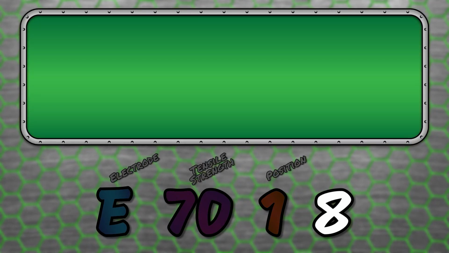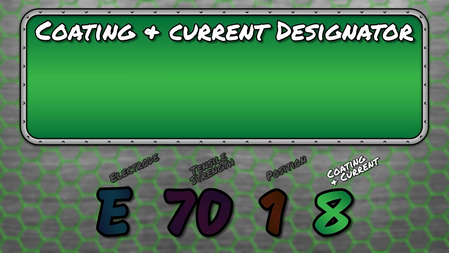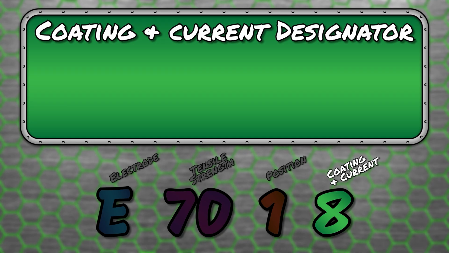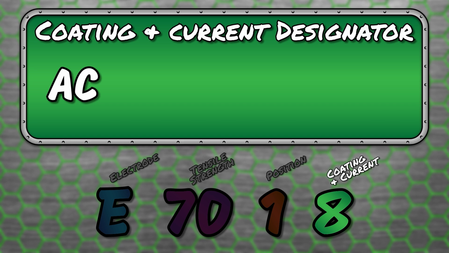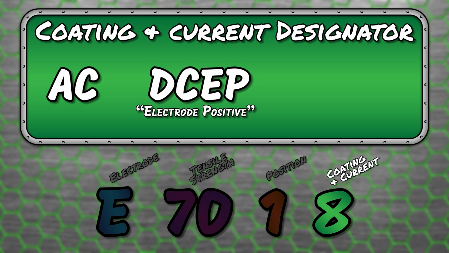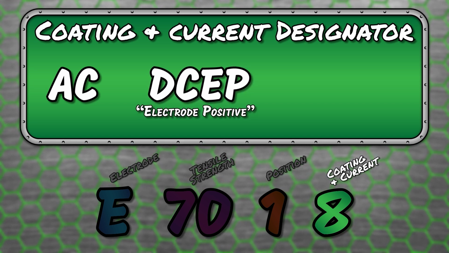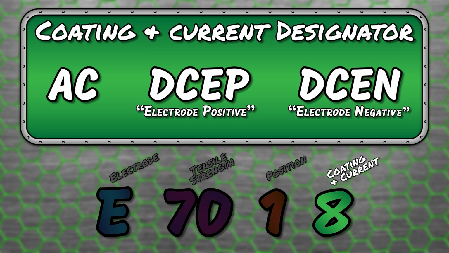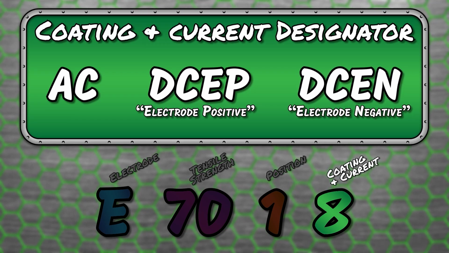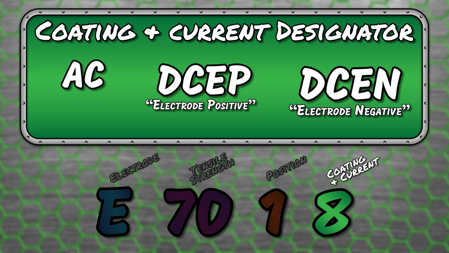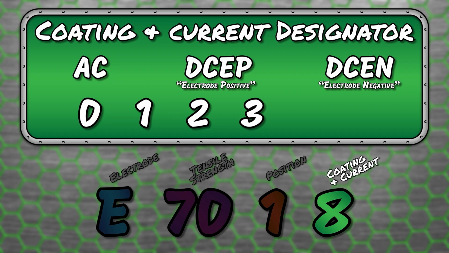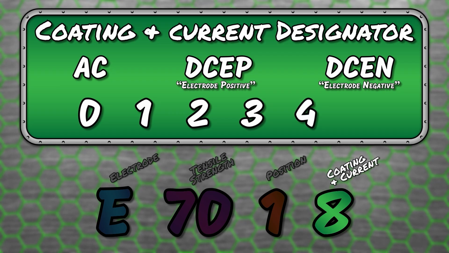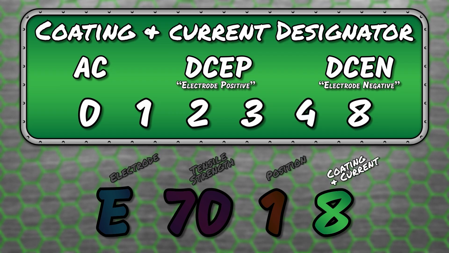The final number tells you the type of coating the electrode has, along with the welding current that's needed. Either AC, DC electrode positive, DCEP, or DC electrode negative, DCEN, and will be represented by either a 0, 1, 2, 3, 4, or in our example, an 8.